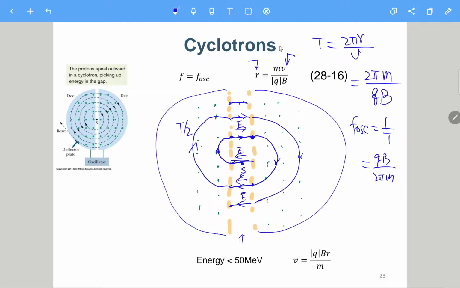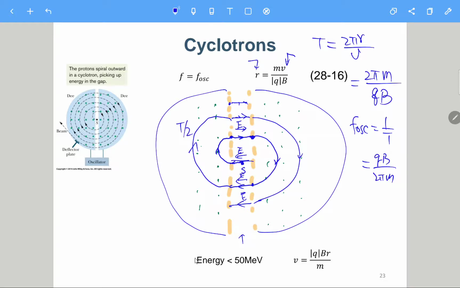However, the limitation for this cyclotron is that we need to provide a large B field for the whole disk. And as you know, for the B field, we need the power. So for a large area, to provide a large B field is not easy.